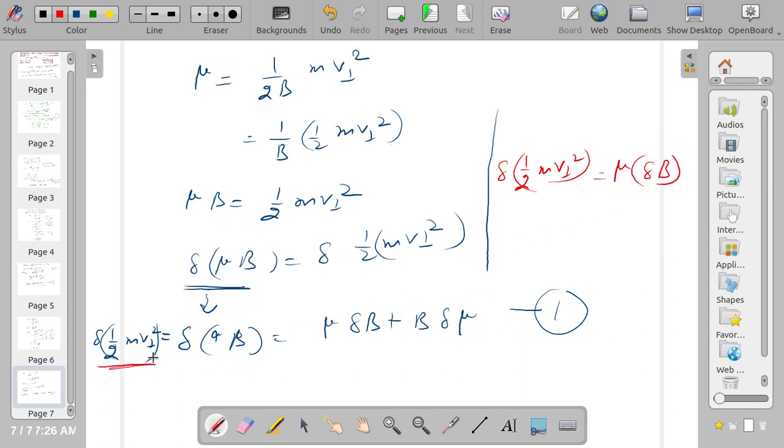So both the equations represent the change in kinetic energy, but this is possible only if this part is equal to 0. So for these two equations to be true, this part must be equal to 0.